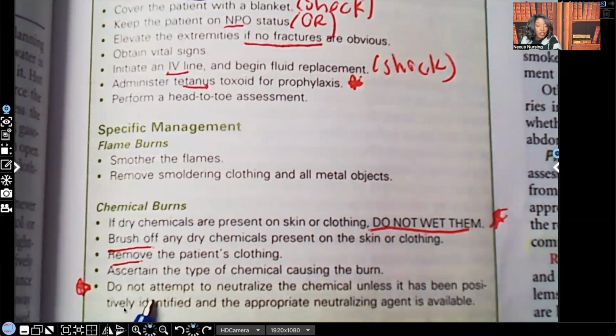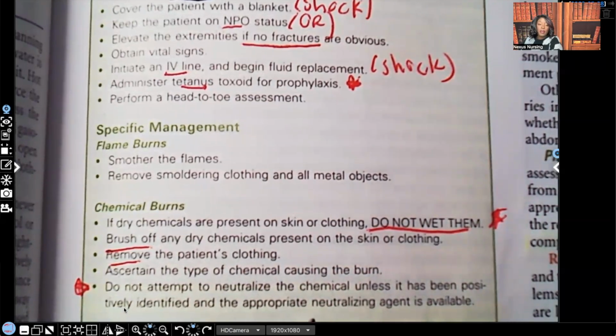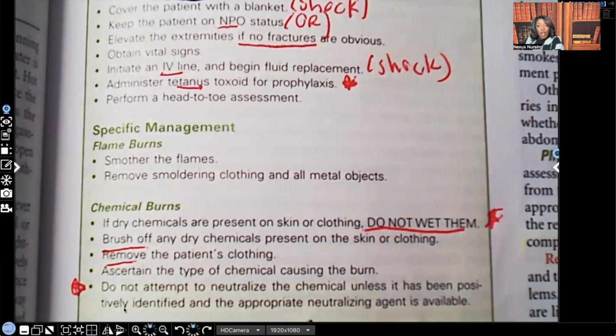Do not attempt to neutralize the chemical unless it's been positively identified and the appropriate neutralizing agent is available. So don't be trying to play chemist. Don't try to use something else to neutralize that chemical unless you know for sure what type of chemical it is, and you know for sure that whatever that neutralizing agent is actually a neutralizing agent for that chemical. And usually we don't know. So you're going to teach a patient not to do that.